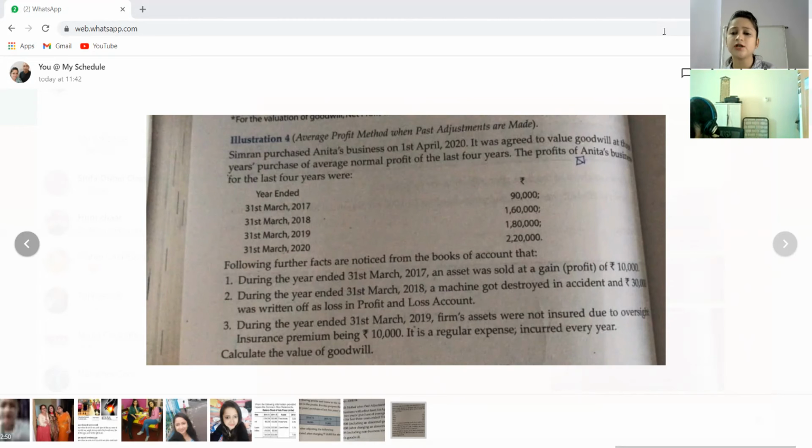Now see the adjustment. During the year 2017, an asset was sold at a gain, within bracket profit, 10,000. Whenever you sell an asset, that profit should not be included in the PL. Before, I gave the example of an air conditioner. The air conditioner is our asset, and if we sell that asset, we will not include that gain in the PL.